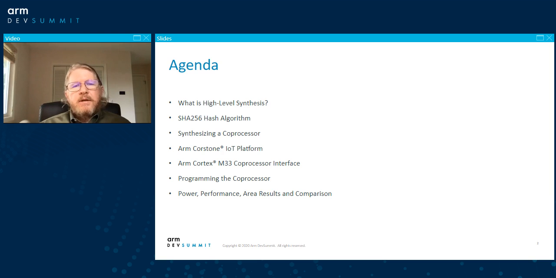And I'll also talk about how to program that coprocessor within the context of the Corstone platform. And finally, I'll talk about the power, performance, and area comparing just running software on the ARM processor versus running the full algorithm using the coprocessor that we've created with high-level synthesis.